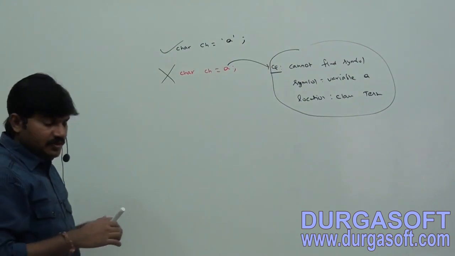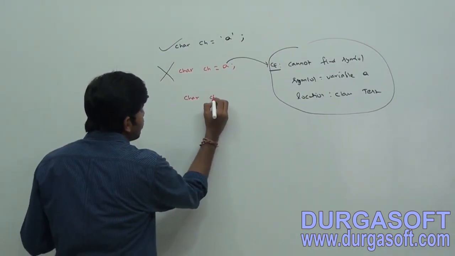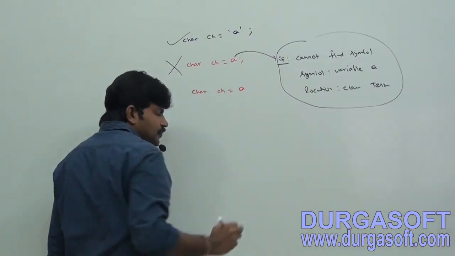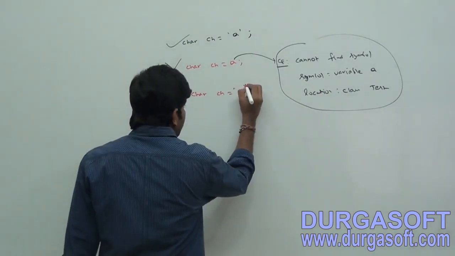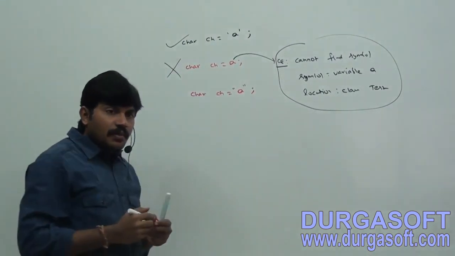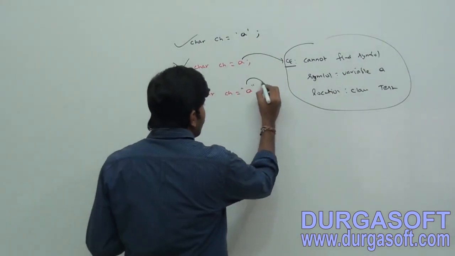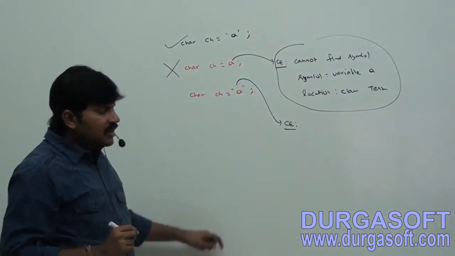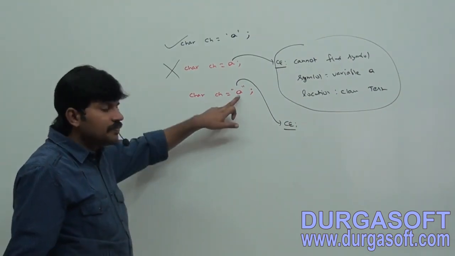Next, char ch is equal to A, but instead of single quotes, I am taking double quotes. A only, but with double quotes. Can you tell whether it is a valid value or not? Here we get a compile time error. Because if I take double quotes instead of single quotes, it means a String.